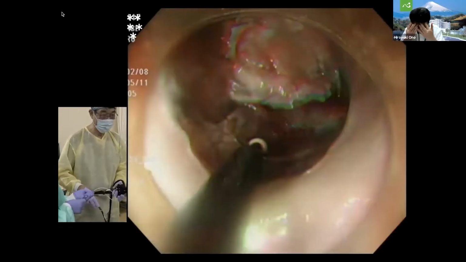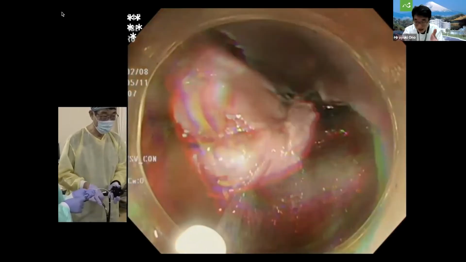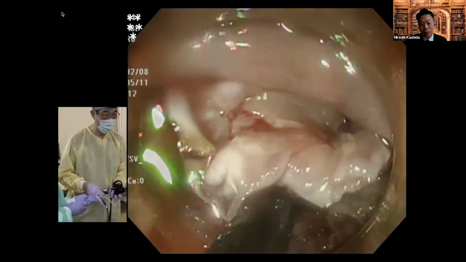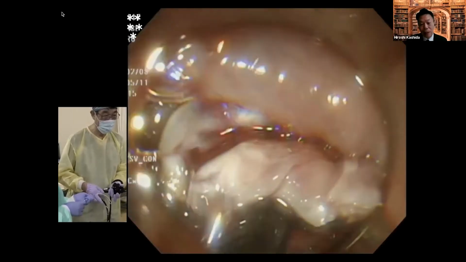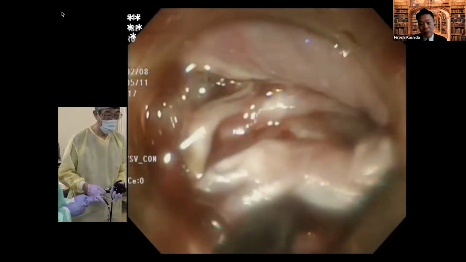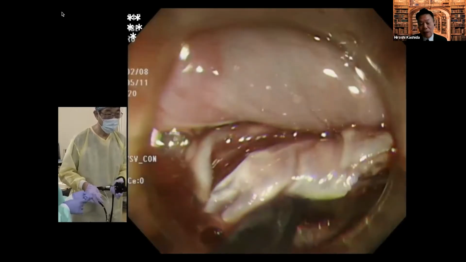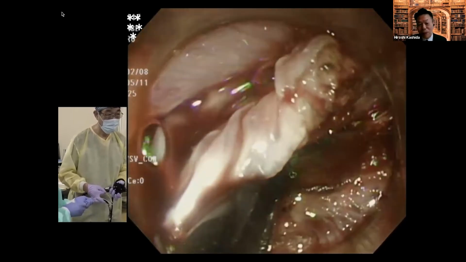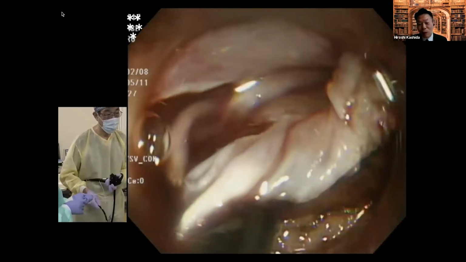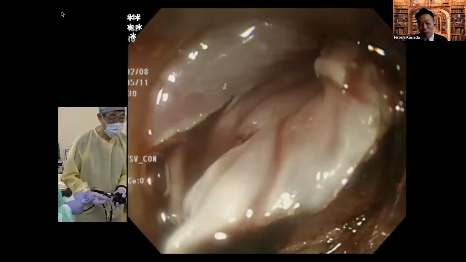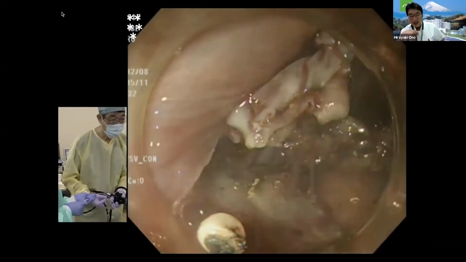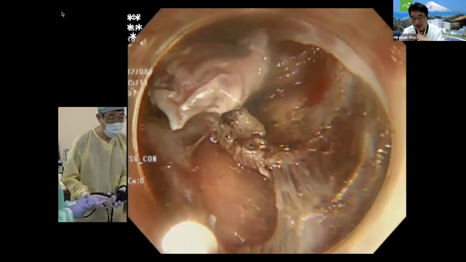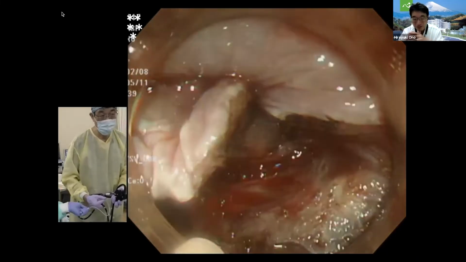So I first want to remove the lesion, and after that I want to suture. Of course I understand that, but you must be very quick. Maybe more air will leak after a long procedure. So fast ESD is necessary for such cases.